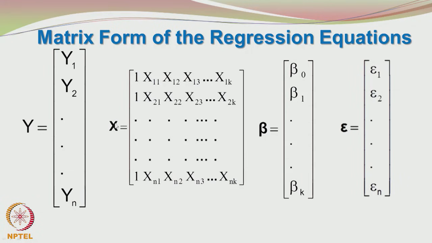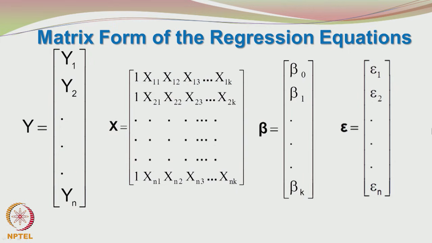The transpose simply involves interchanging the rows and columns of the x matrix. So, to get x prime, interchange the rows and columns of the x matrix. So, here if I put x prime, you will have 1, x11, x12, and so on to x1k as the first column. Okay. So, I think you know transposes pretty well.